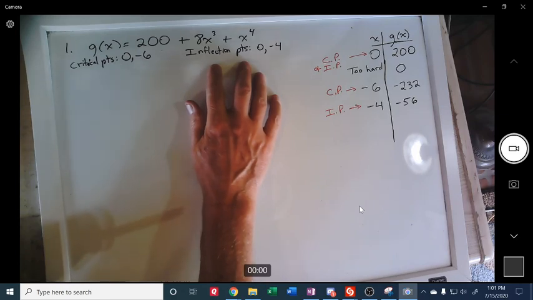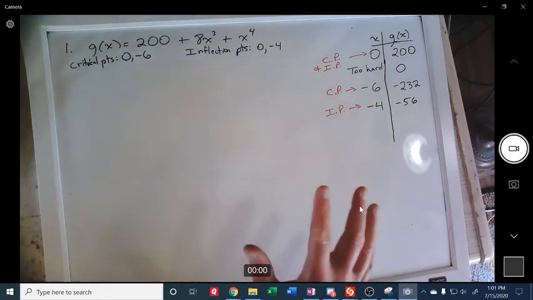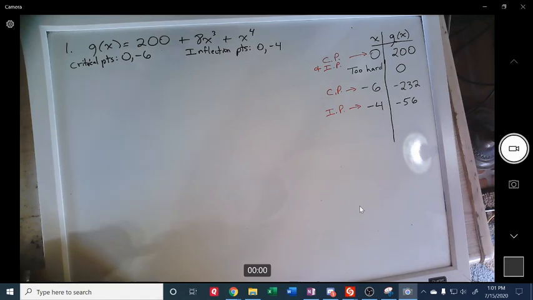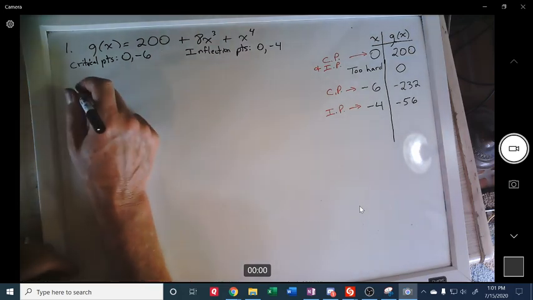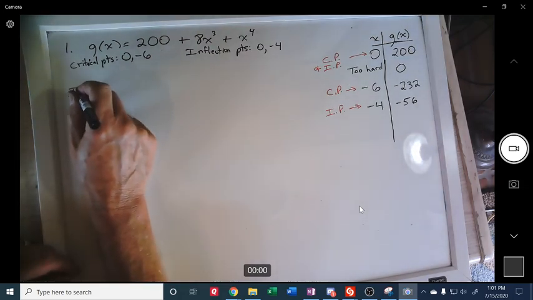So it'll be one large table with all the information about all the intervals of both increasing, decreasing, and concave up, concave down. So we'll start by intervals.